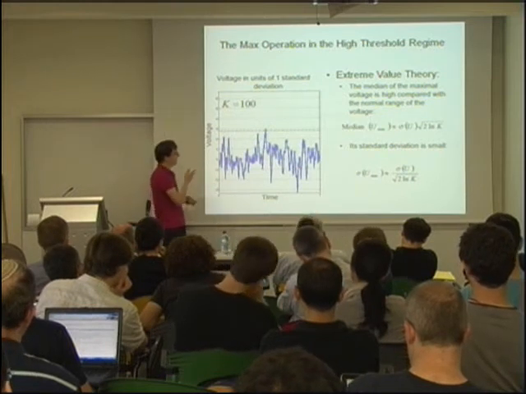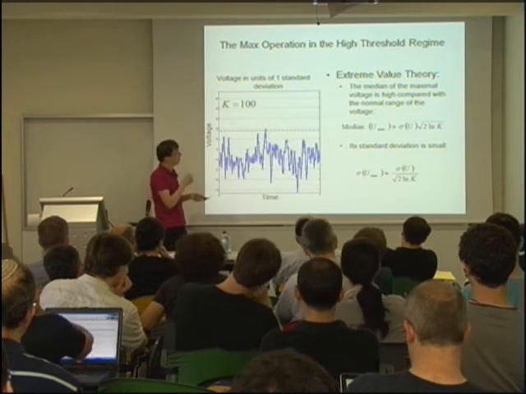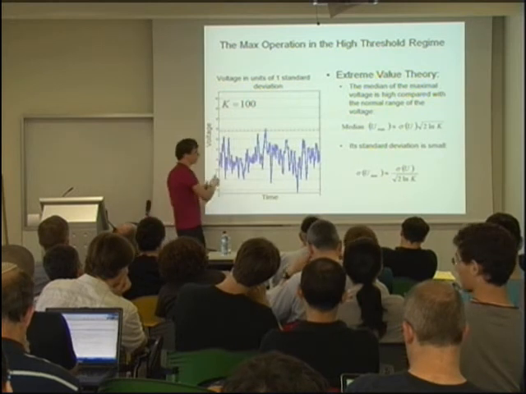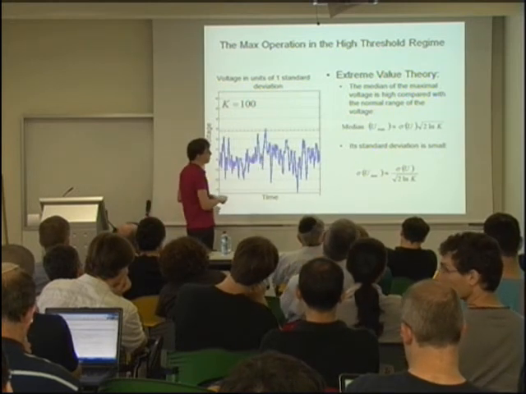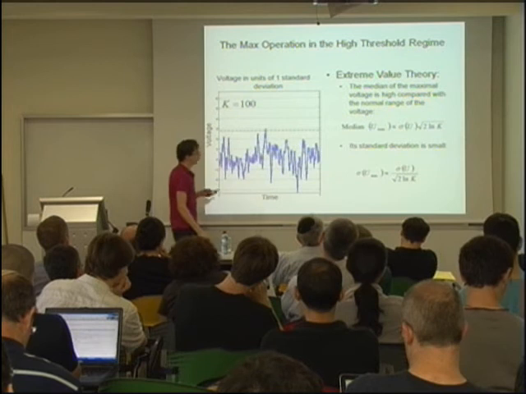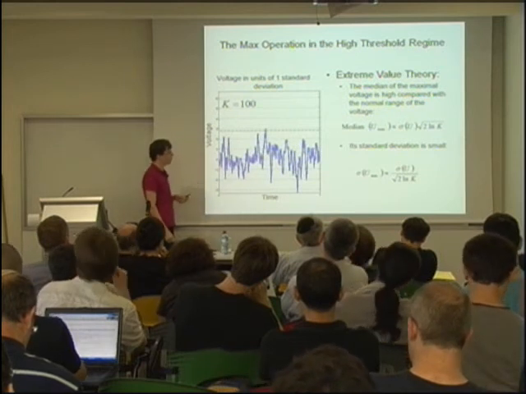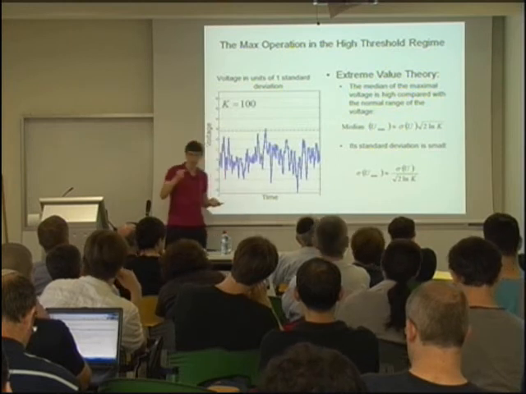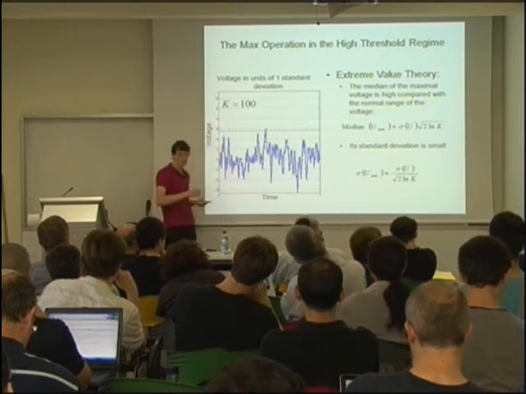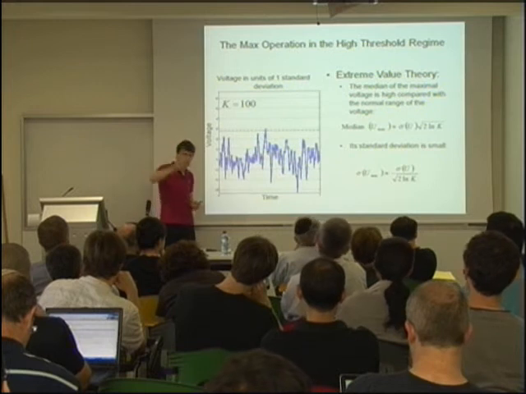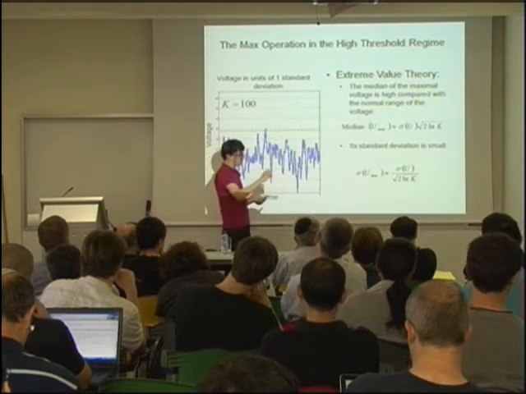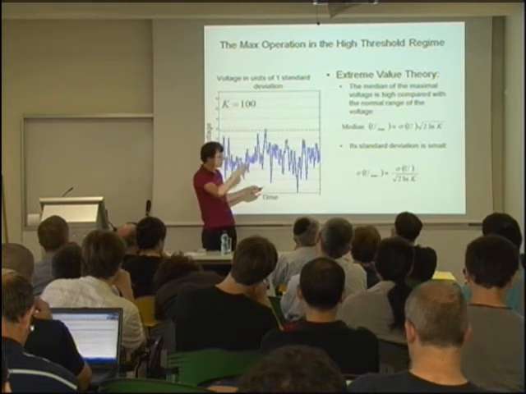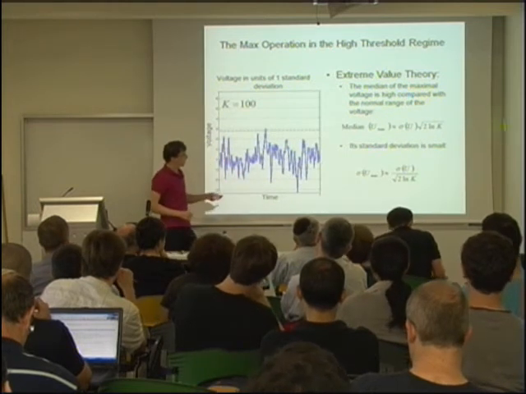And the extreme value theory is the theory that tells us what the properties of the maximum of this voltage process in some time period are. What we know from this theory are two important things. First, that the median or the mean or the typical value of the maximal voltage is much higher than the average fluctuations. It increases with k, and the standard deviation is small.